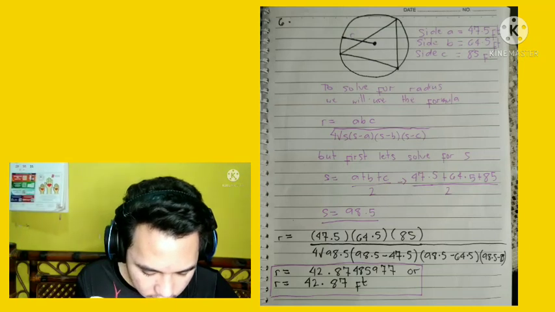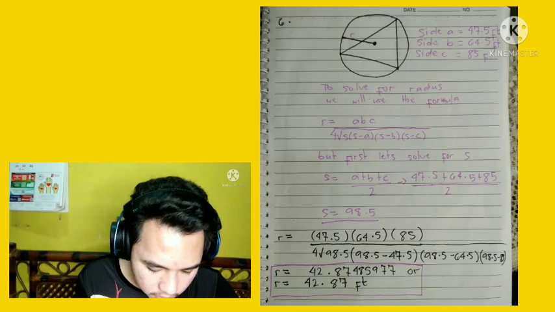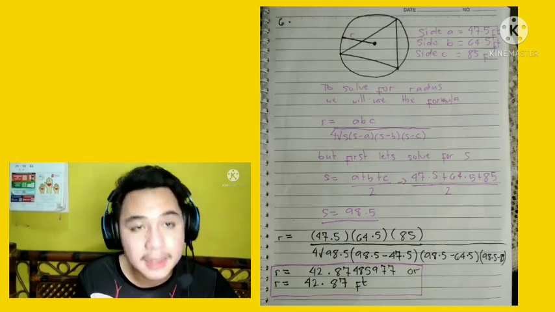So our radius is equal to 42.87495977, or radius is equal to 42.87 feet.